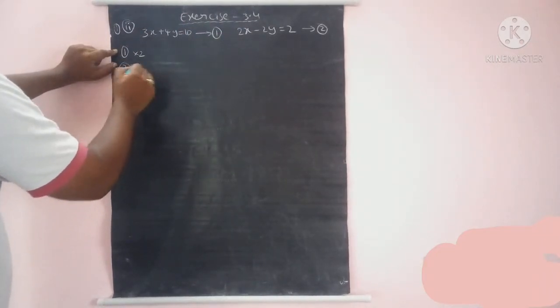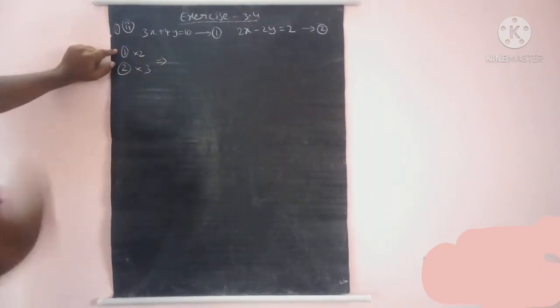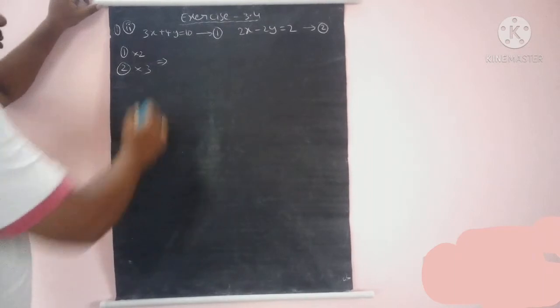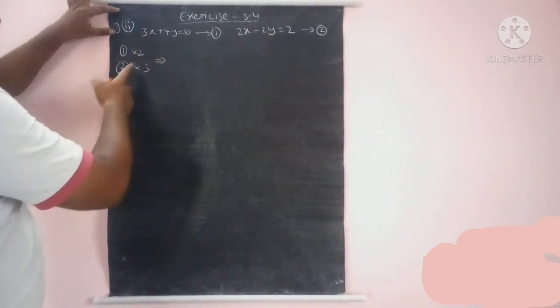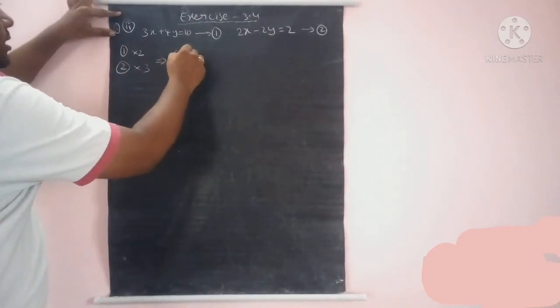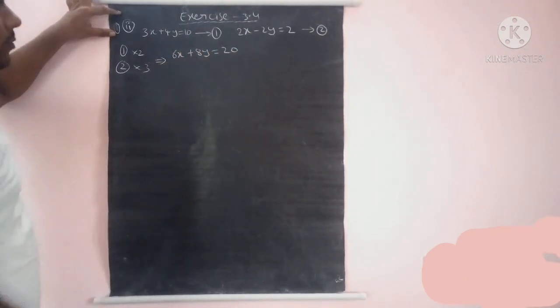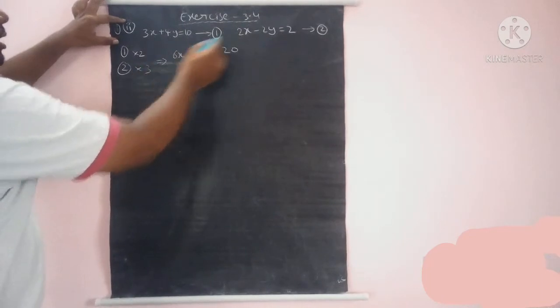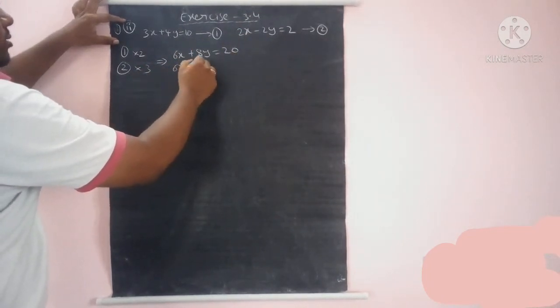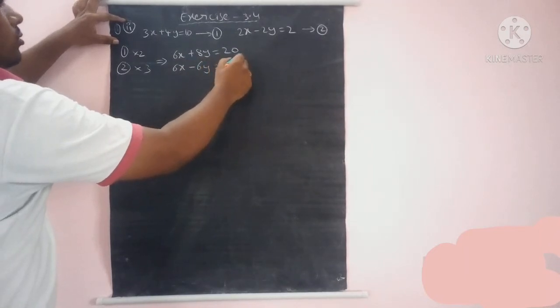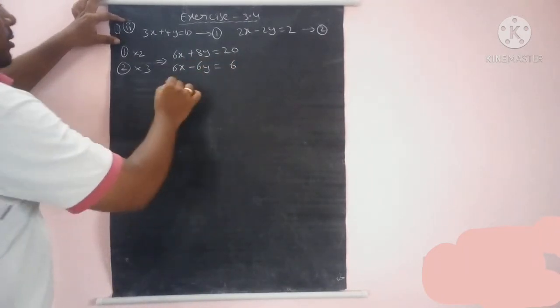The second equation should be multiplied with the x coefficient of the first equation. So this will result, if you multiply with 2, 6x plus 8y equals 20, and 3 2's are 6x minus 6y equals 6.